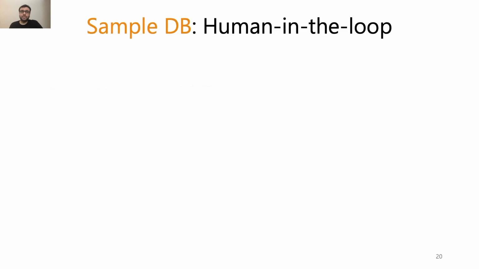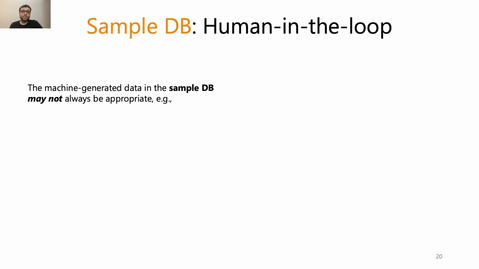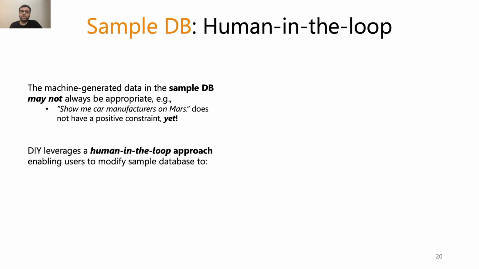Now, sometimes the DIY-generated sample database may not always be effective. For example, "show me car manufacturers on Mars" does not have a non-empty result set yet. In such cases, DIY leverages a human-in-the-loop approach, where users can directly modify the data in the sample database to either create a more appropriate data sample or debug the system strategy using different what-if scenarios.